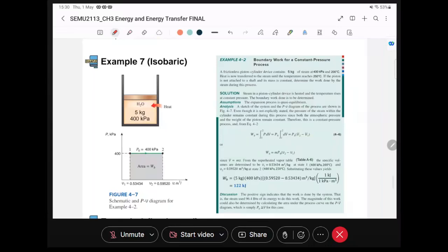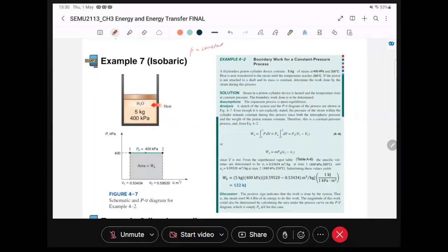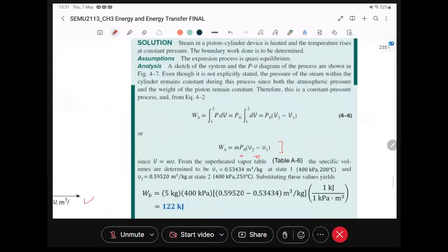On the other hand, isobaric is basically P equal to constant. Pressure is constant. Okay. So on the PV diagram, you can see from 1 to 2 is a constant pressure. For a constant pressure process, the boundary work is literally pressure multiplied with the change in the volume from state 1 to state 2.